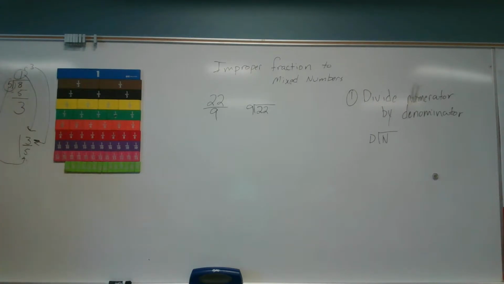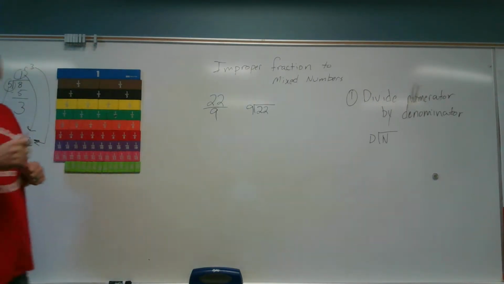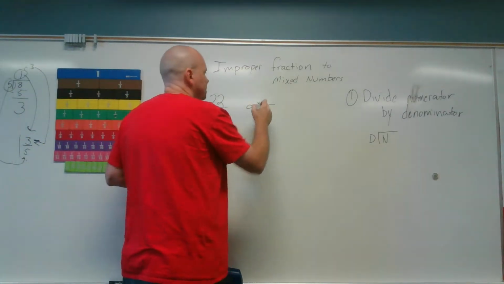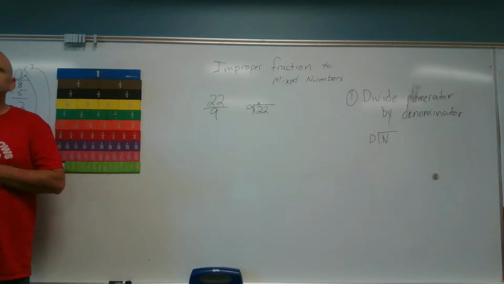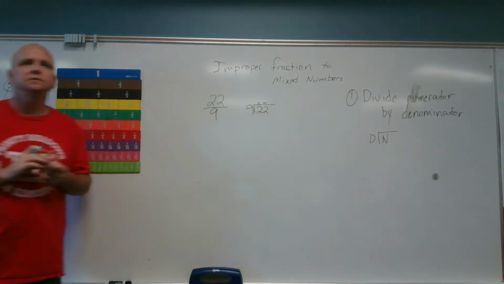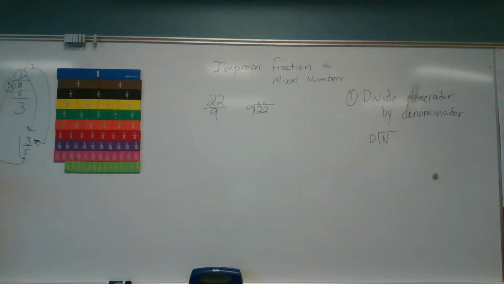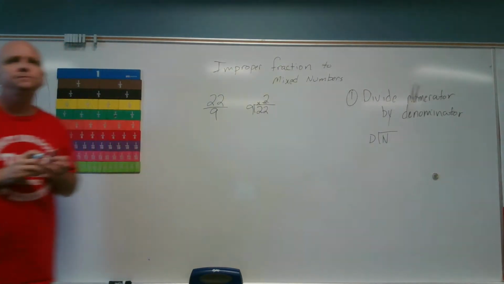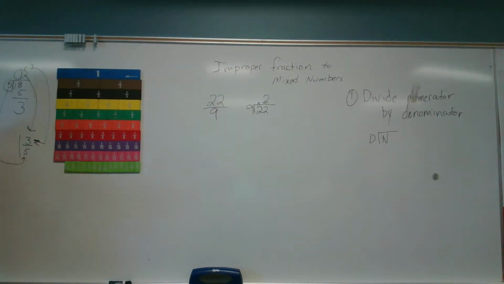22 divided by 9. Tatum, does 9 go into 2? No. Does 9 go into 22? Yes. Tatum, how many times does 9 go into 22? Two times, awesome. And Tatum, what is 2 times 9? 18.